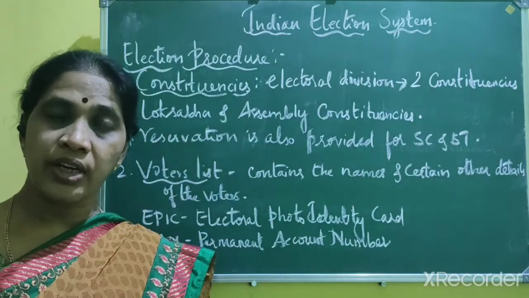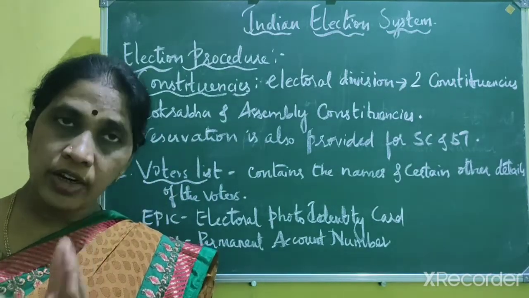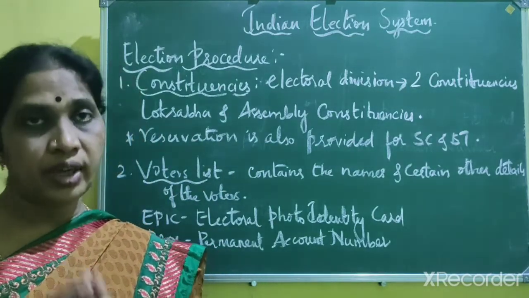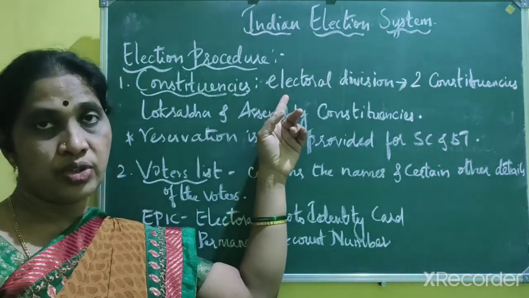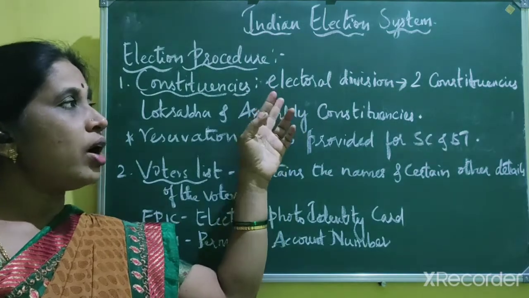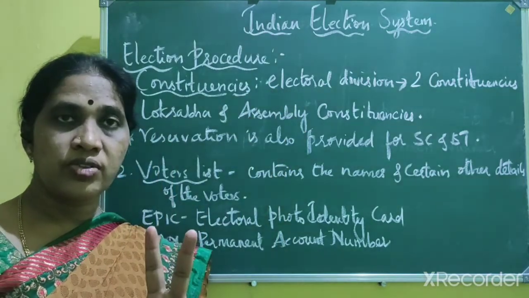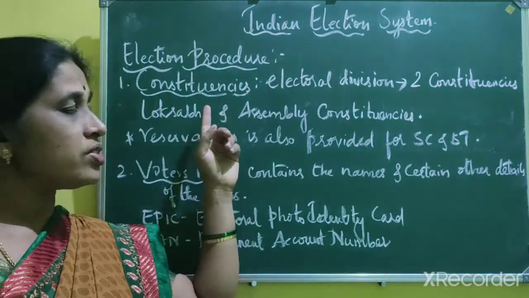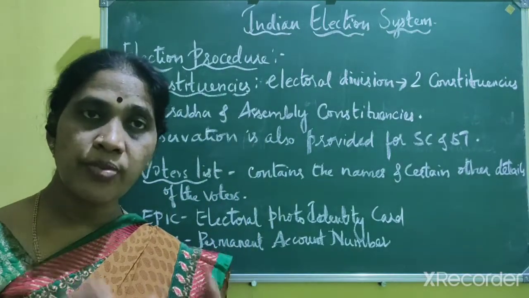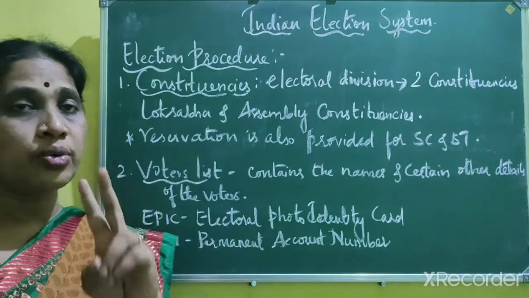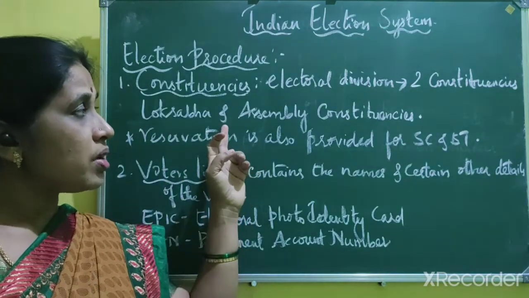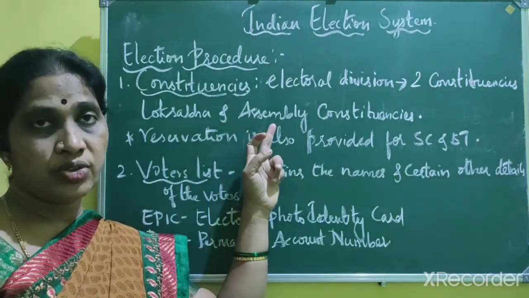The state is divided into smaller electoral divisions for the purpose of election, and these electoral divisions are known as a constituency. You have two types of constituency, and constituencies are created on the basis of the population. The two types are Lok Sabha constituency and assembly constituency.